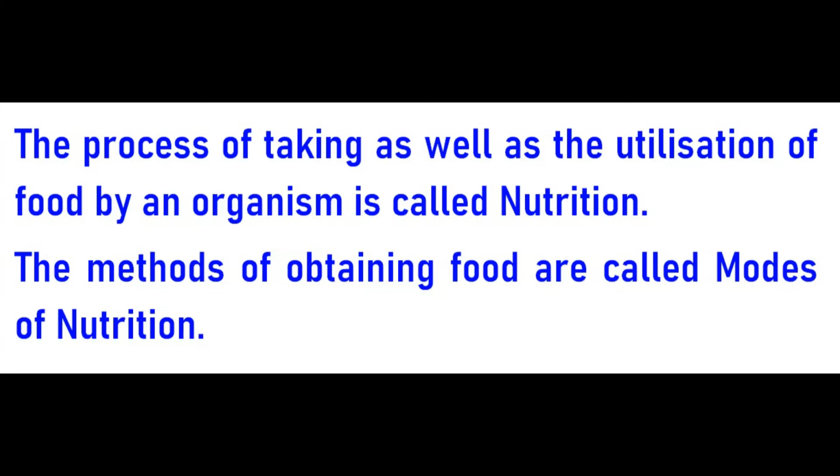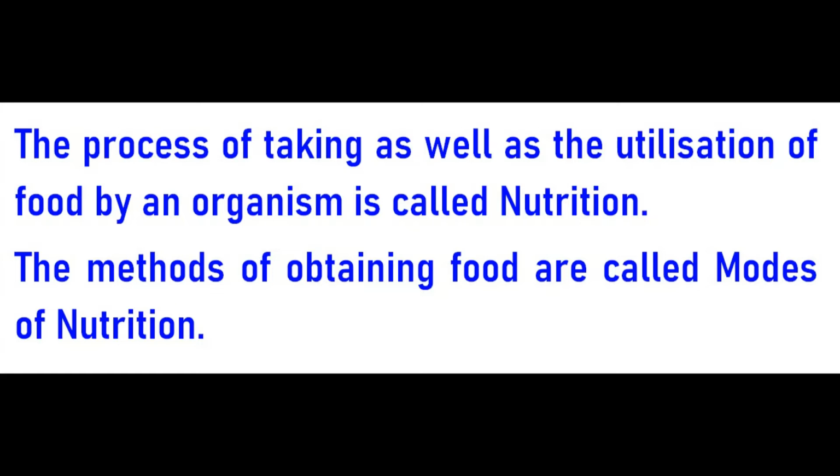We call this whole process of taking food and fully utilizing the food for growth, protection against diseases, getting energy, nutrition. And the method of obtaining food, how do we get this food? The method. These are called the modes of nutrition.